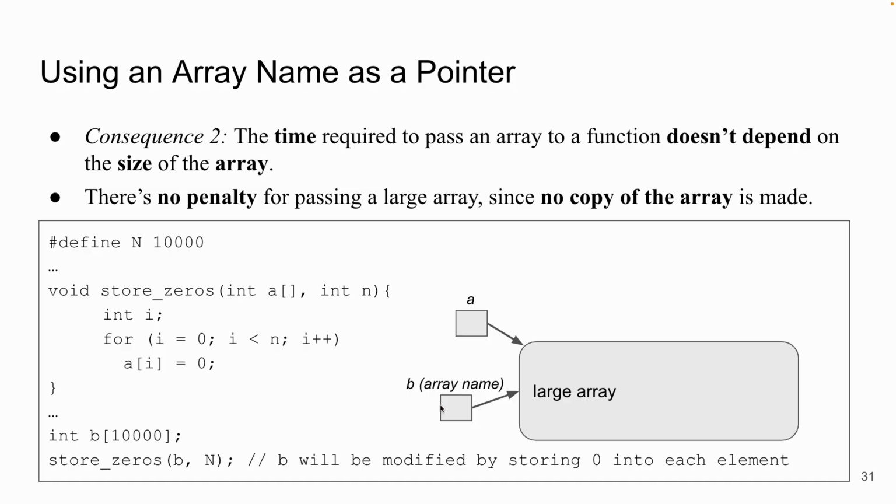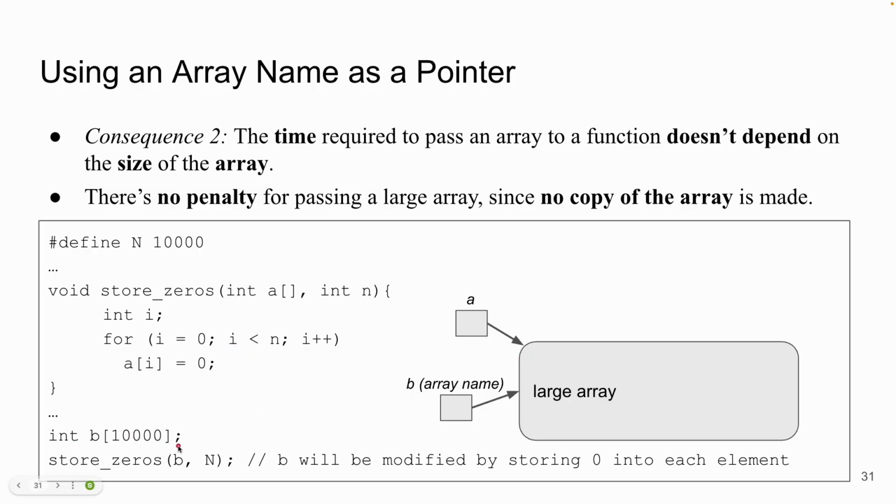And the size of an address is always the same, no matter how large the array is. Because you can imagine that, for example, if the array has length 10,000, and we want to pass the entire information of this B array to the function, our program would need to spend a lot of time and memory space to copy and pass the values of the entire array, right?